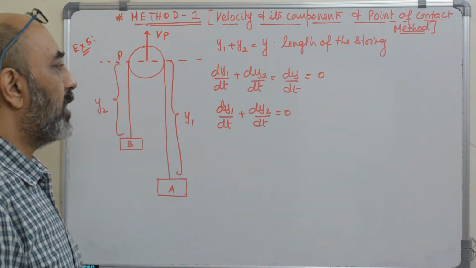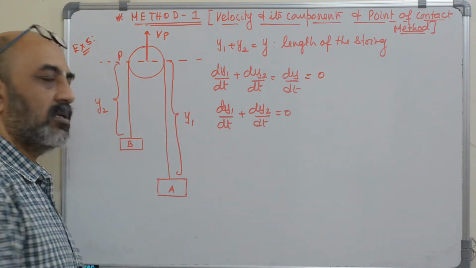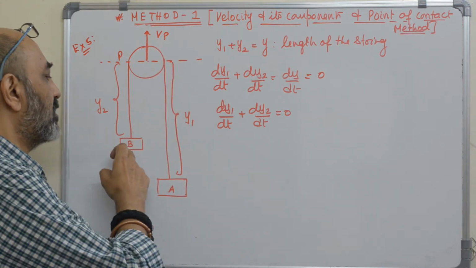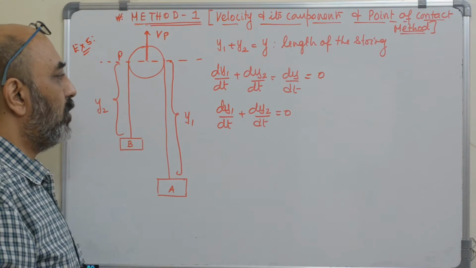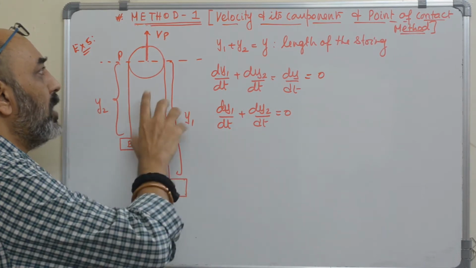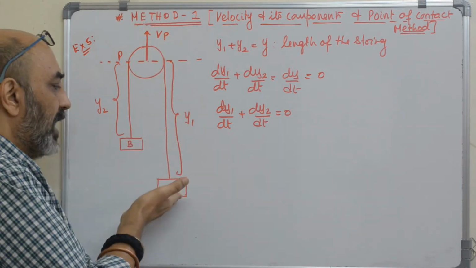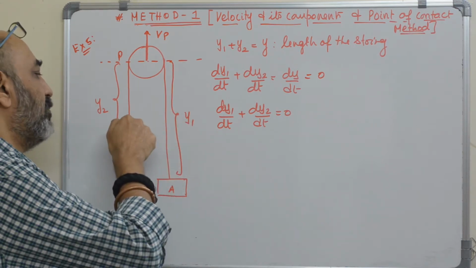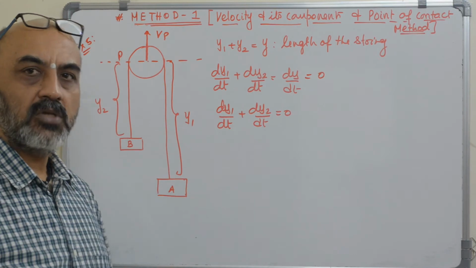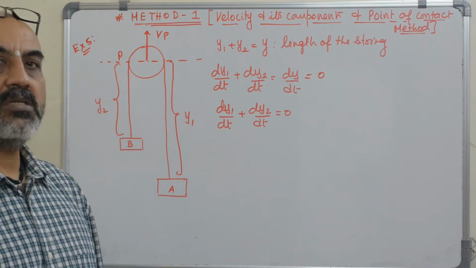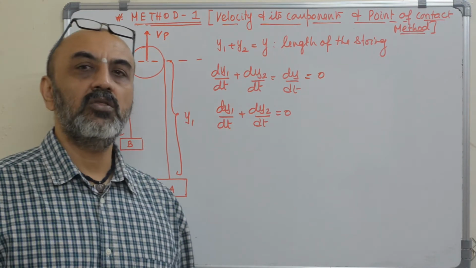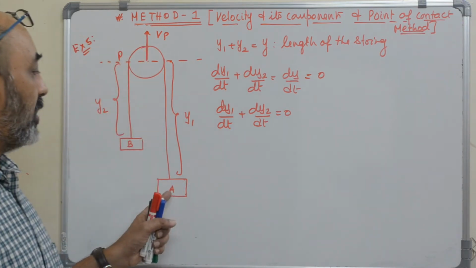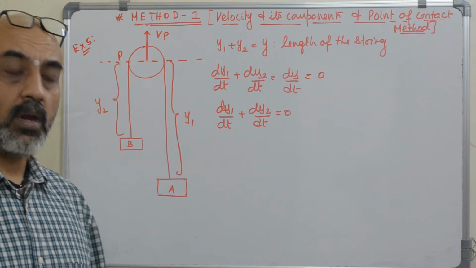Now what exactly is y1? y1 is the distance or the displacement of A from the center of mass of the pulley, and y2 is the distance of B from the center of mass of the pulley. Now if the pulley is moving up, and if A, let's say, is moving up, then y1 is changing, and let us say B is moving down, then y2 is also changing. So if y1 changes and y2 changes, then the rate of change of y1 and the rate of change of y2 will give you the velocity of A and the velocity of B. वो तो clear है.